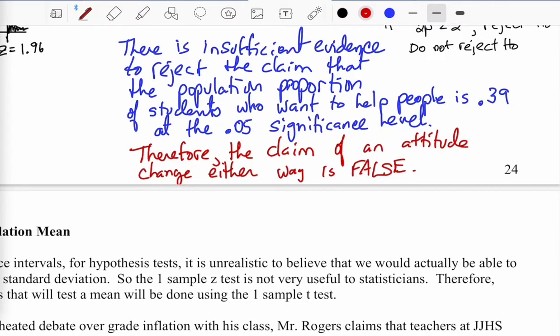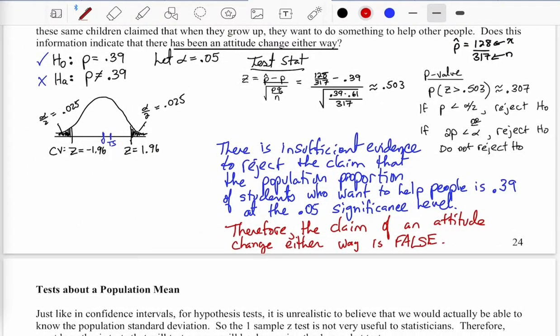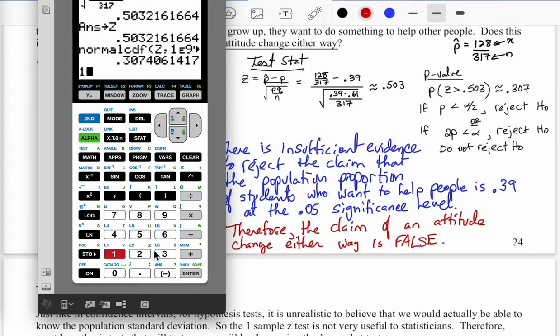So easily the most tedious part of the process, but it's the whole reason why we do this. Right? Because we know that on the sample level we have a particular ratio, proportion, however you want to think of it. We just want to know how that projects out to the population. Right? So that 128 over 317, that's about 0.41 in that neighborhood, which is a value that's more than the 0.39.